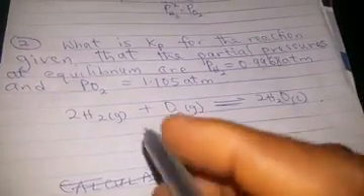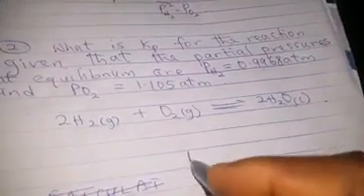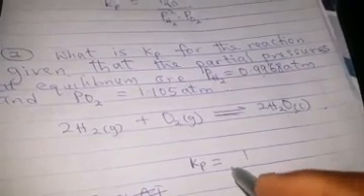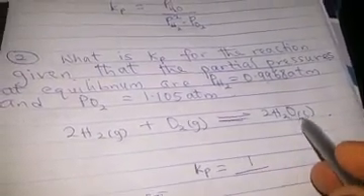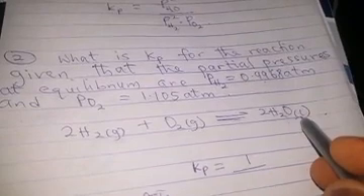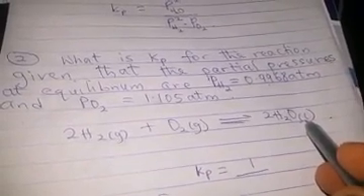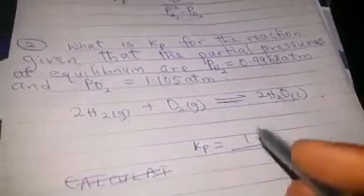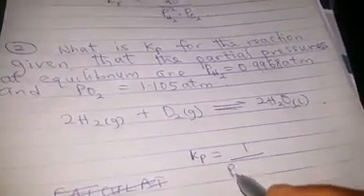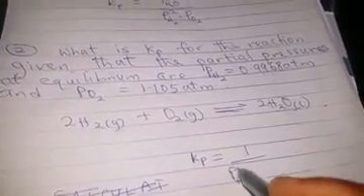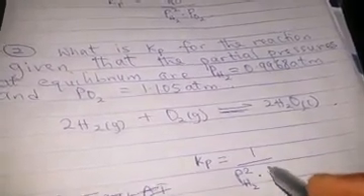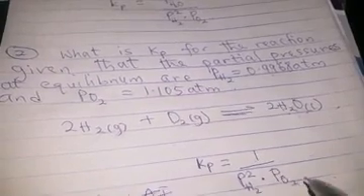It means that my equilibrium constant Kp will be equal to 1 over, why is it 1? Because water is a liquid. You don't consider liquids in writing the equilibrium constant. You only consider gases and aqueous solutions. So this is 1 all over the partial pressure of hydrogen raised to the power 2 times the partial pressure of oxygen.